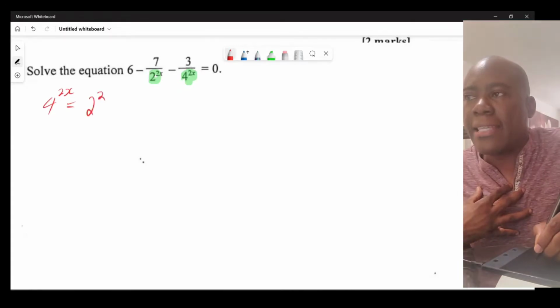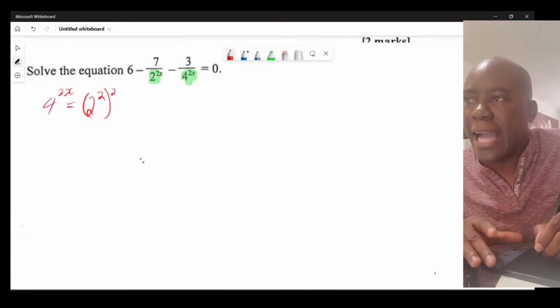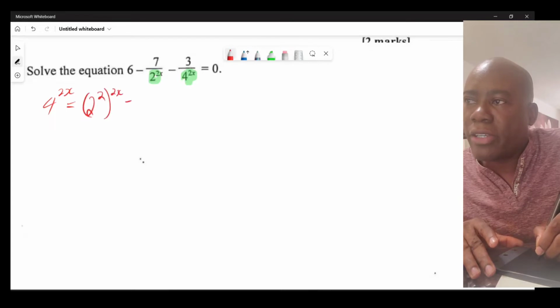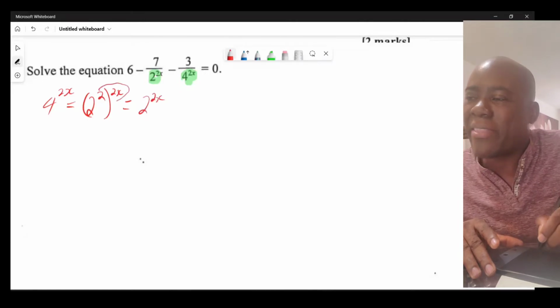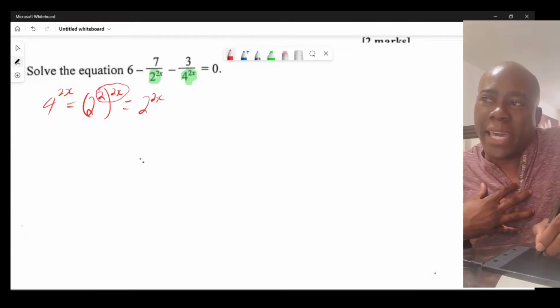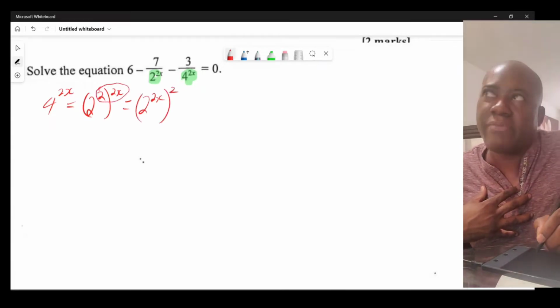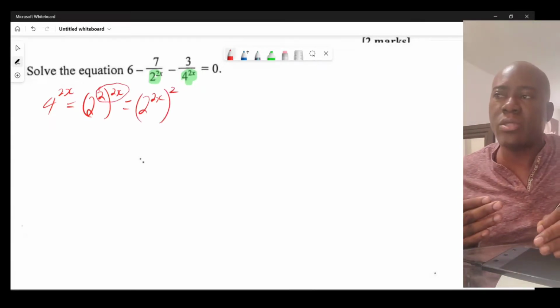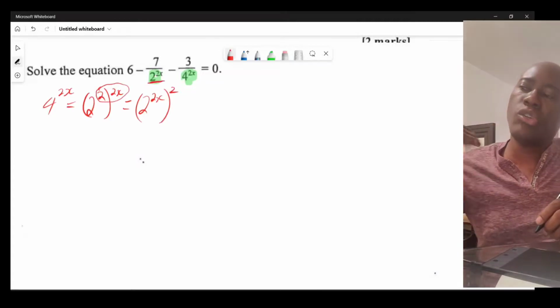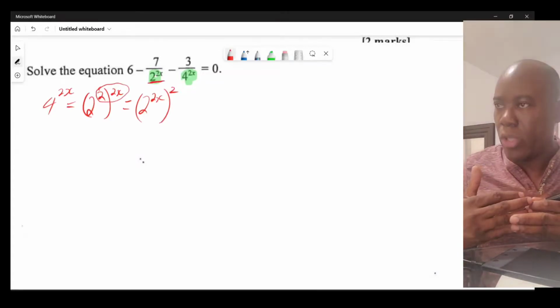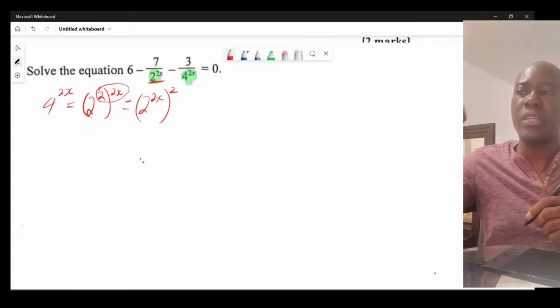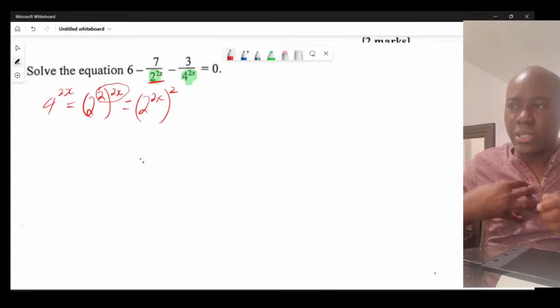Technically, I want to have the 2 with the 2x inside, because we're able to move these around, and then I square that. Why am I doing it like that? Because I want to connect with this. There are many ways to do it. I'm approaching it this way. In other words, 4 to the 2x is the same thing as 2 to the 2x all squared. I want to appreciate that.